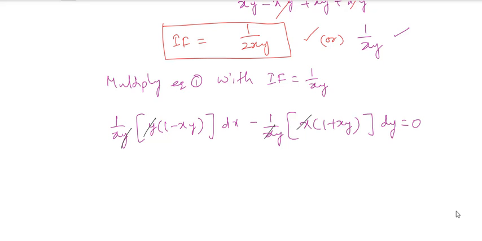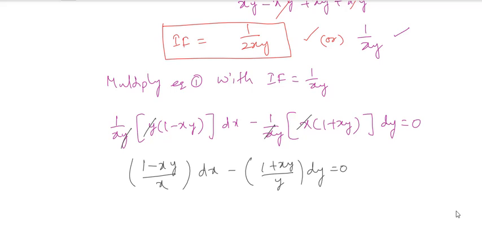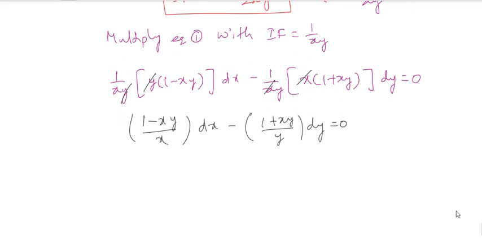We have (1 − xy)/x dx − (1 + xy)/y dy = 0. Now you can cross verify that by default this is an exact differential equation. If you want, you can cross verify it; that is not a big deal.